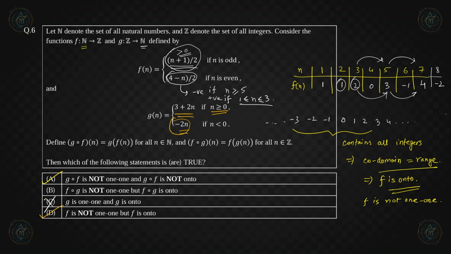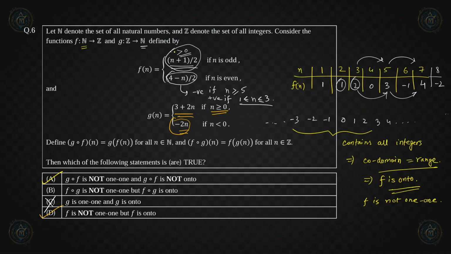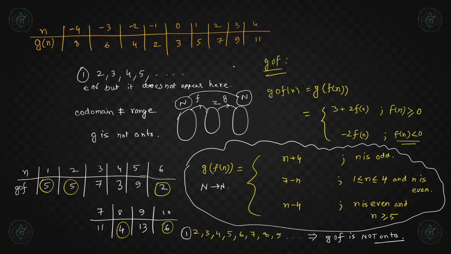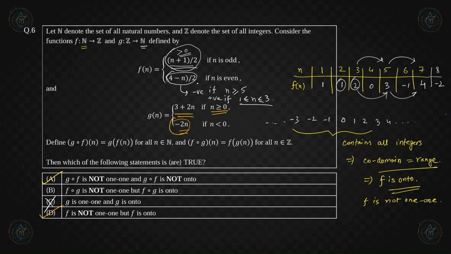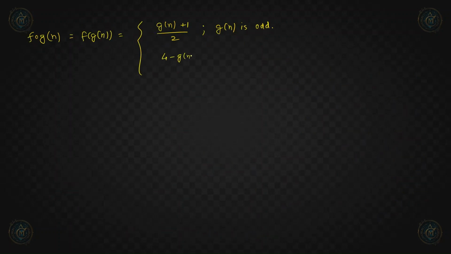Now coming to option B, f of g. So f of g we have to determine. Let's find this. f of g of n, if we look into the definition, will be gn plus 1 divided by 2 if gn is odd, and 4 minus gn divided by 2 if gn is even.